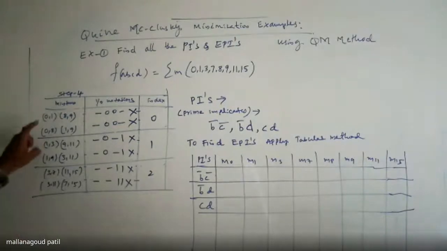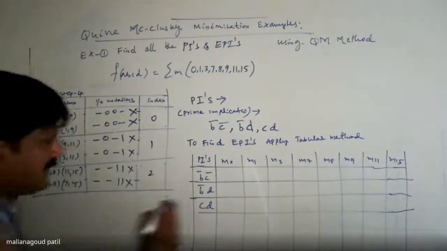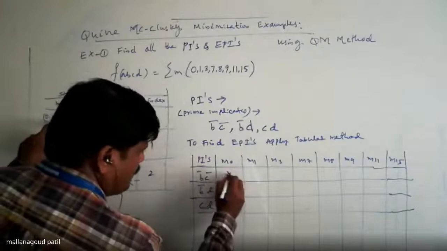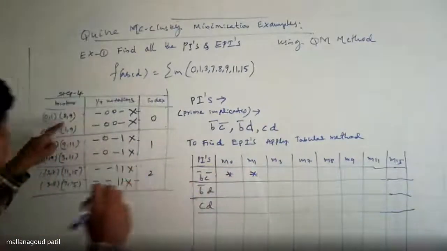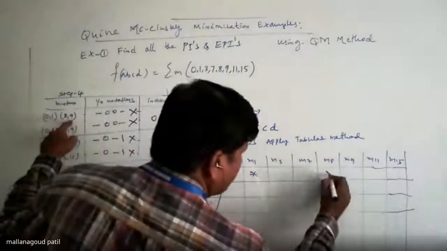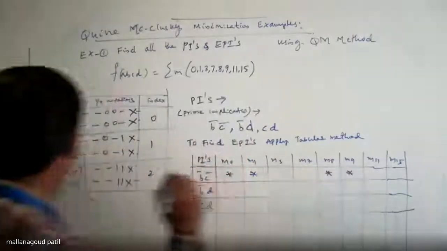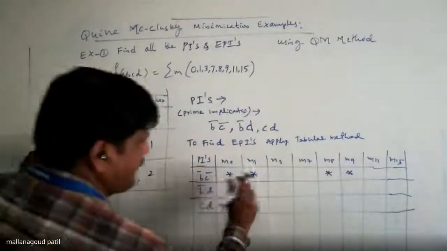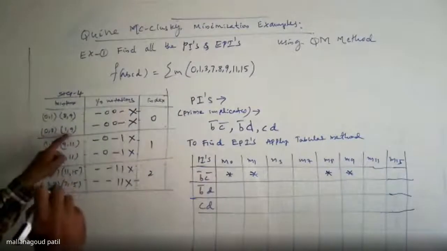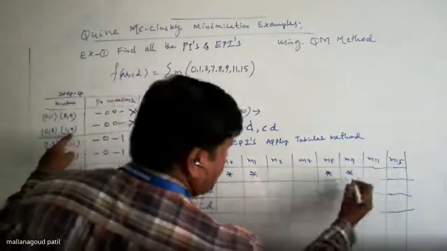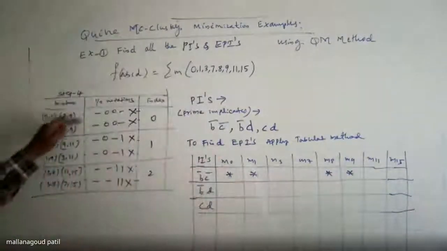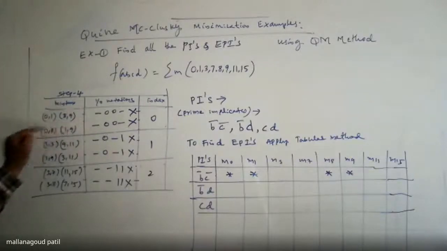Then I can write here 0, 1, 8, 9. 0 means M0. 0, 8, 0 is already there, 8 is already there, 1, 9, 1 is already there, 9 is already there. This means these boxes are covered with the star mark.